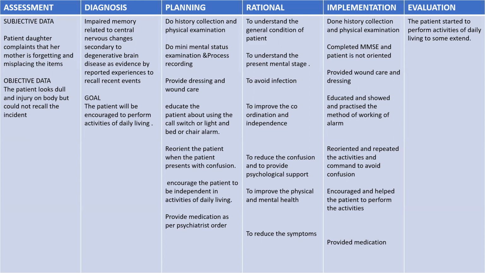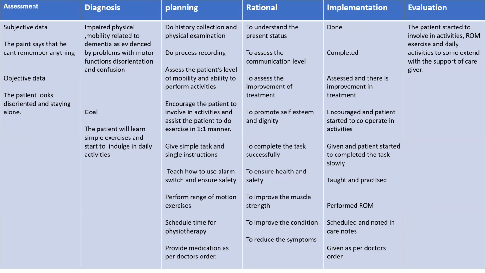Provide medication as per the doctor's order to reduce the symptoms. Provided medication. And in the evaluation column, you can write the patient started to perform activities of daily living to some extent.